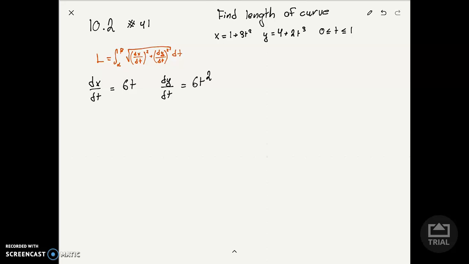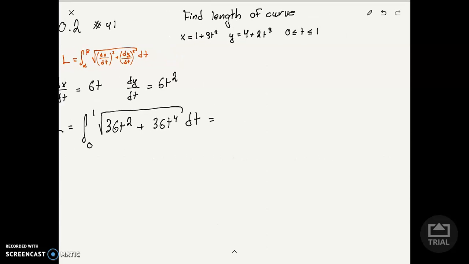So let's plug it into the formula. Alpha and beta are just the t values they give you that it's bounded between, so 0 and 1. And then dx dt squared is 36t squared, and dy dt squared is 36t to the 4th, and then we still have our root dt.